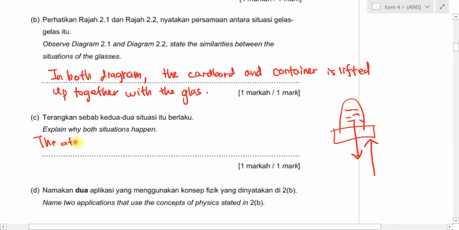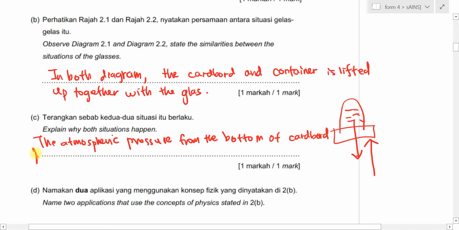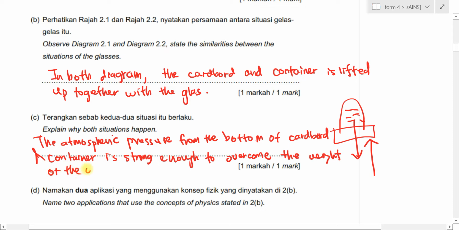Okay, the atmospheric pressure from the bottom of the cardboard and container is strong enough to overcome the weight of the water in the glass.